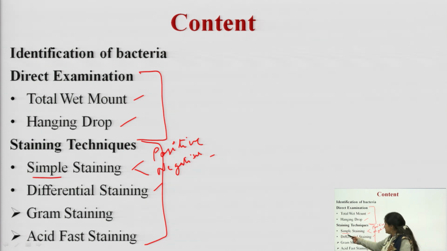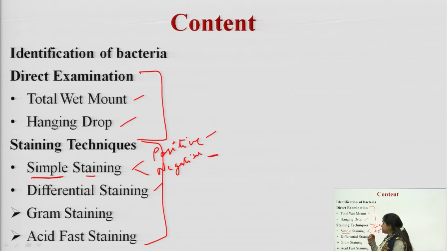If we add a single staining reagent, that staining is called simple staining. In positive staining, cells get colored and the background is transparent. In negative staining, the cells will be transparent, whereas the whole background, that is the glass slide, will be colored.